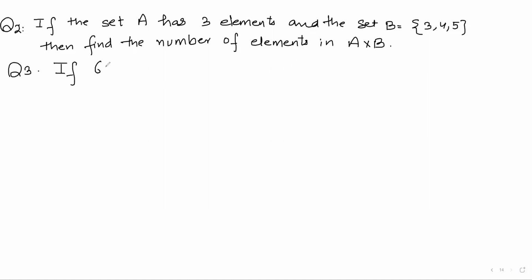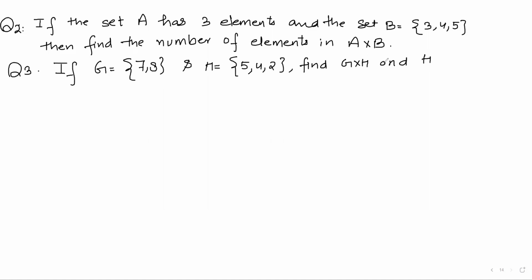Next, question number three, first exercise. If G is equal to 7, 8 and H is equal to 5, 4, 2, find G cross H and H cross G. Please complete this.